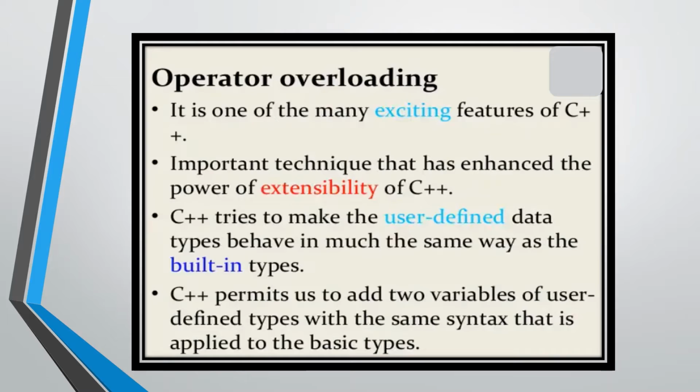C++ permits us to add two variables of user-defined data type with the same syntax that is applied to the basic types. So in the operator overloading concept we are going to discuss what happens with the user-defined data types and the built-in data types.